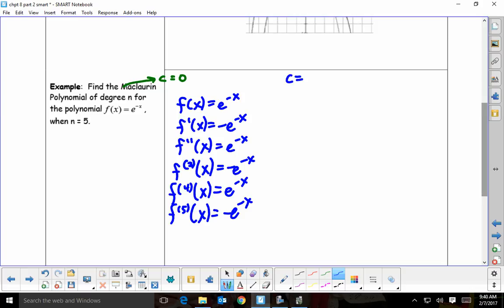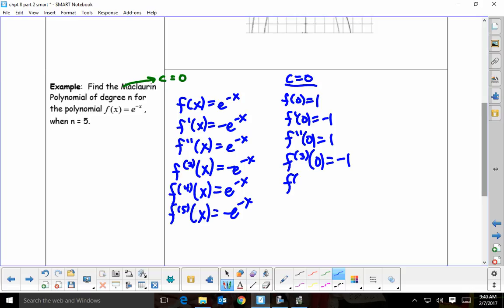Second step, I'm going to plug in where I'm centered and evaluate all those derivatives where I'm centered. This one's just working out nice and pretty.